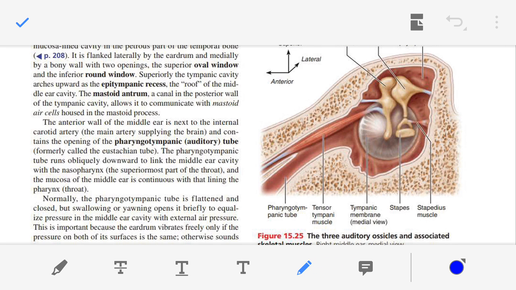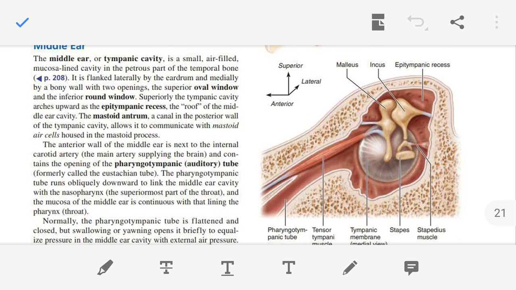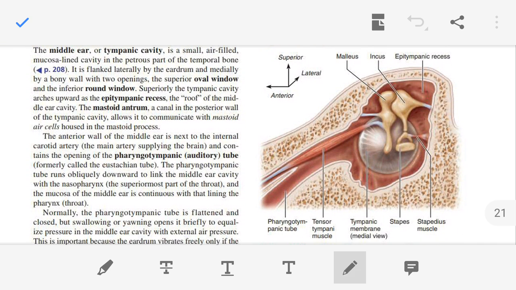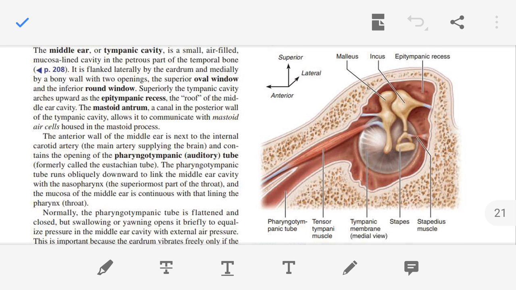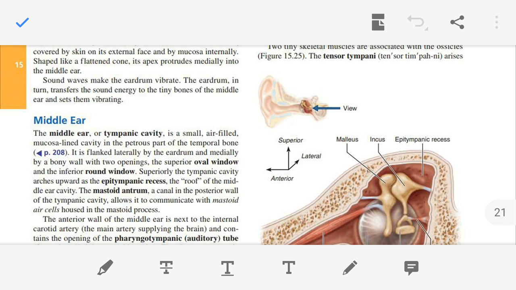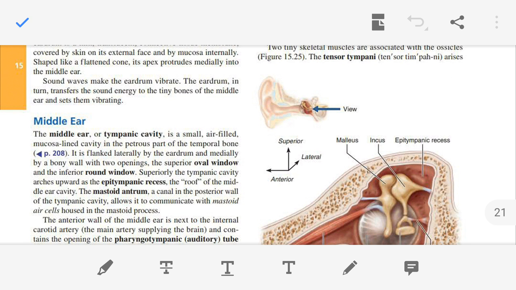As we can see, this tensor tympani muscle is attached to the malleus, and this stapedius muscle is attached to the stapes. One more figure I would like to show you.